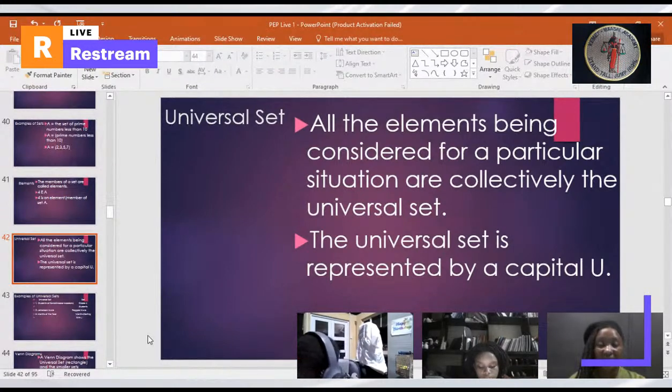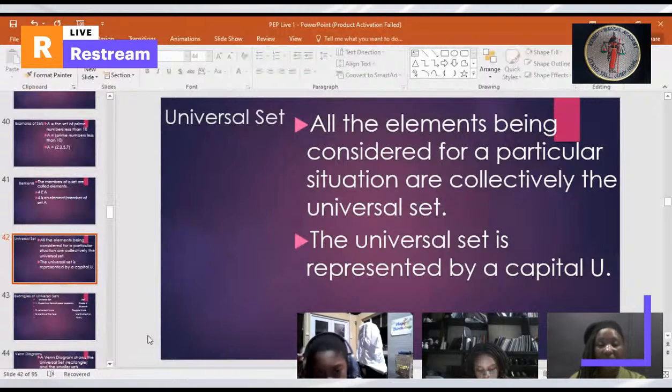Now the universal set refers to all the elements being considered in a given situation. So everybody being considered is part of the universal set. And then we're going to have the different sets where those elements, whatever they have in common, will be placed within those particular sets.